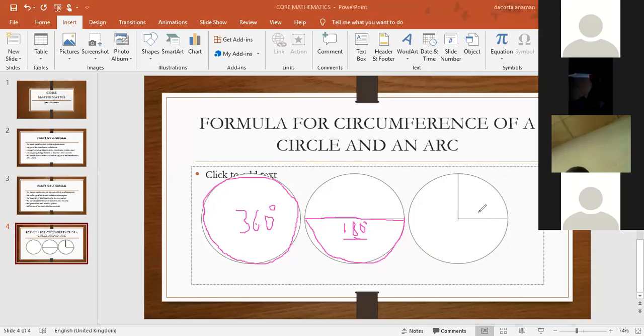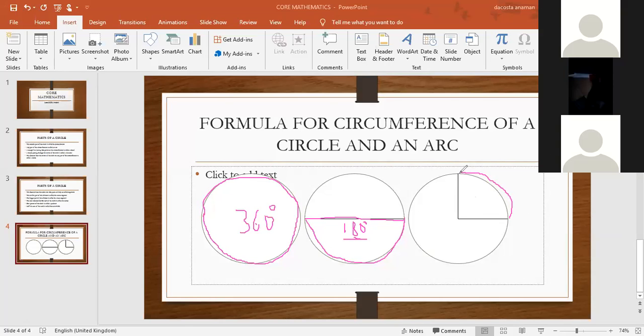So if you are asked to find the perimeter of this arc, is that okay? Now, the circumference or the perimeter of this arc will be working from here, that's from this side, to working to this side. And with this one, the angle is a right angle, and it is what? 90 degrees.